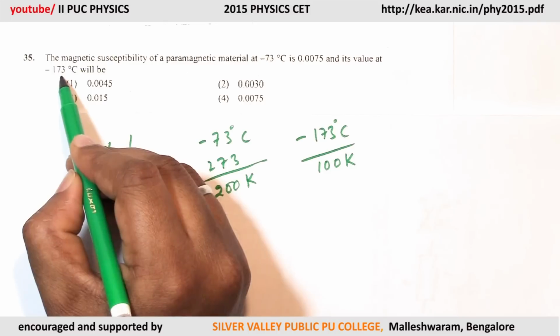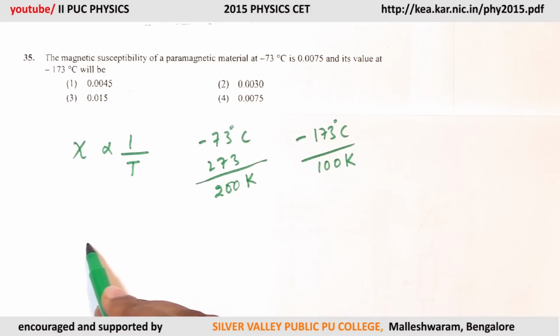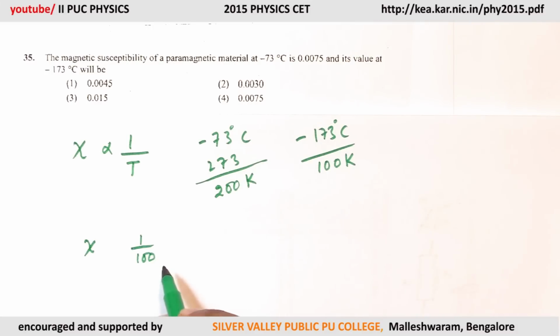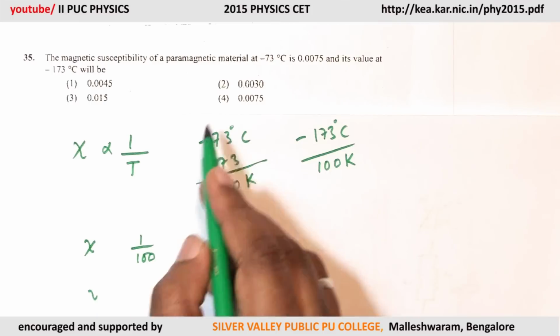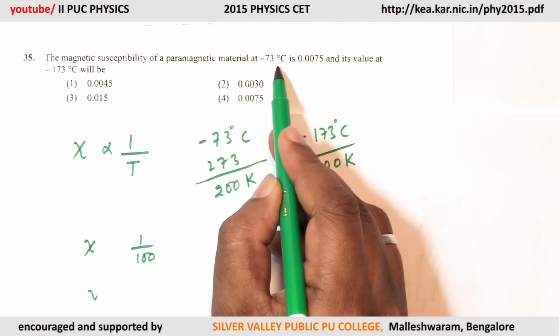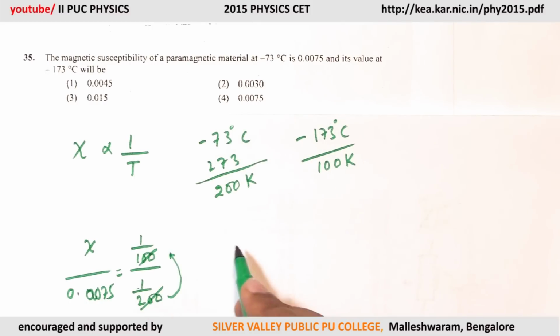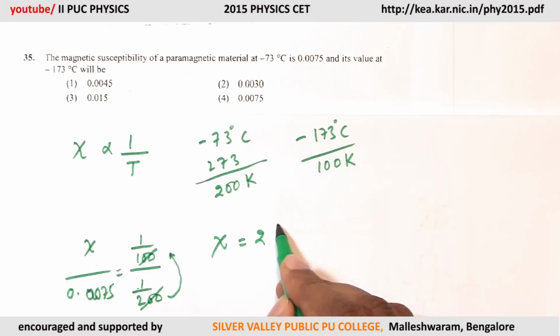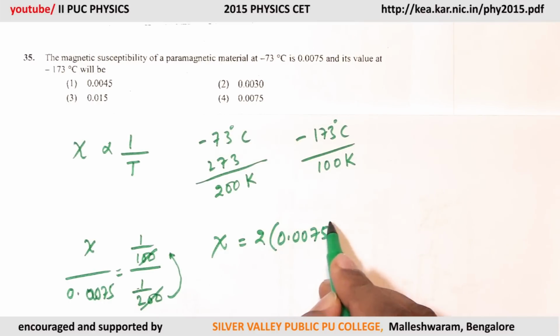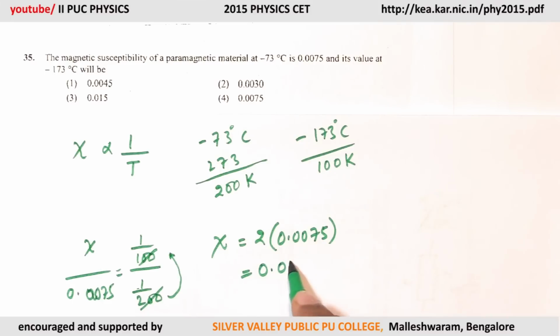We want susceptibility at 100. Susceptibility at 200 is 1 by 200, 0.0075. Divide, 2 goes to the numerator. So susceptibility equals 2 times 0.0075, which is 0.015.